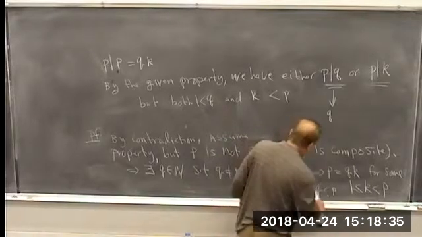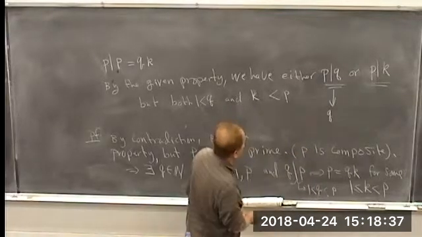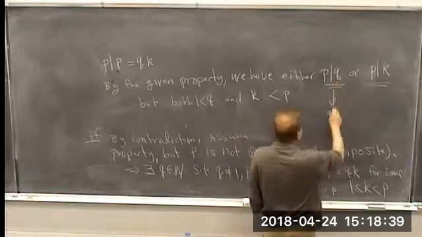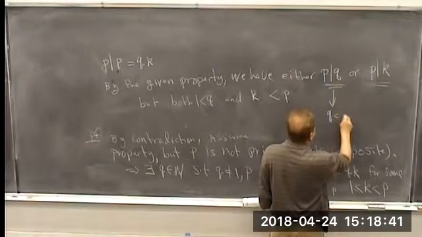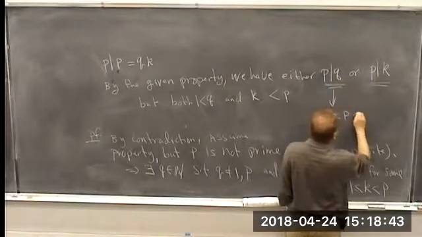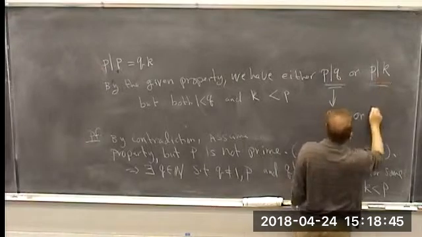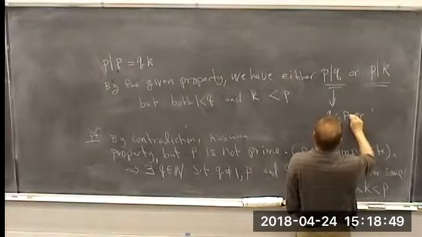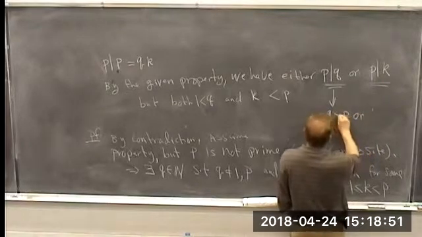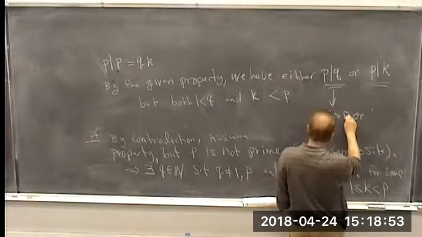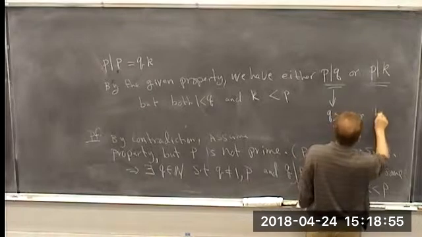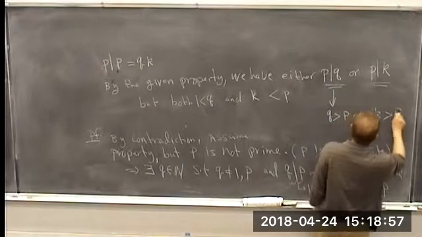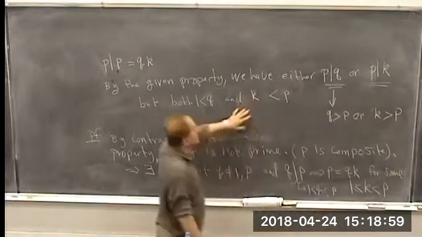Sorry. So this tells us that, the other way around, actually, Q is bigger than P, or K is bigger than P. But this contradicts this statement right here.